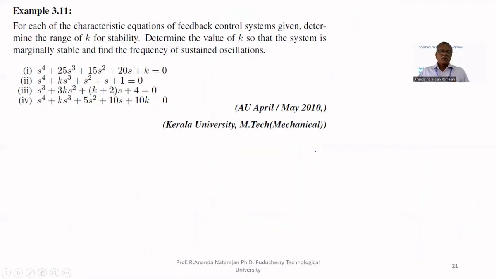We have seen that if you increase the open loop gain k, there will be a movement of closed loop poles. As k increases, from third order onwards, the closed loop poles will move to the right hand side of the S plane. That's why we have to fix the value of k for the system to be stable. That we will see today by using the Routh-Hurwitz criterion.